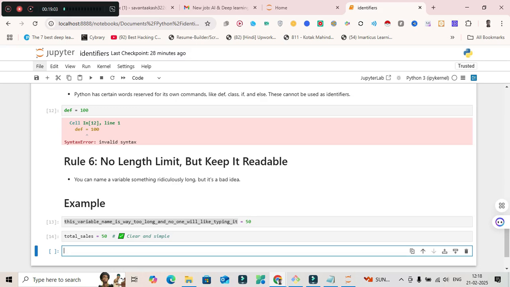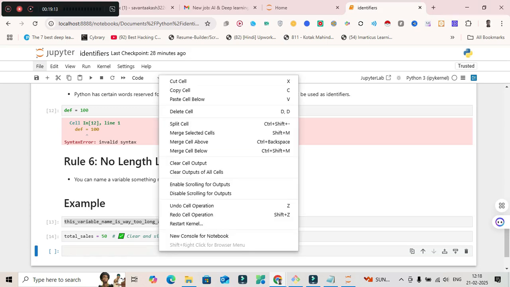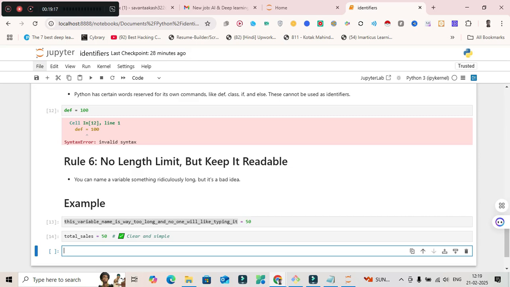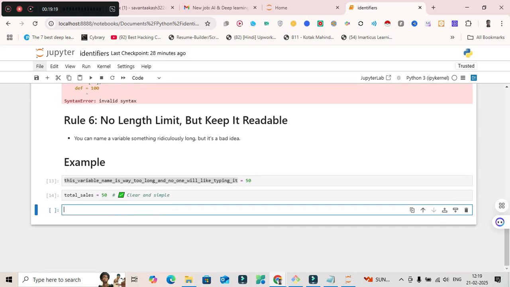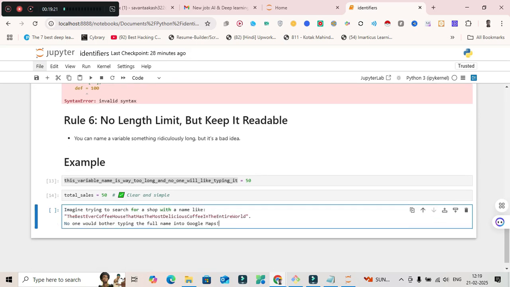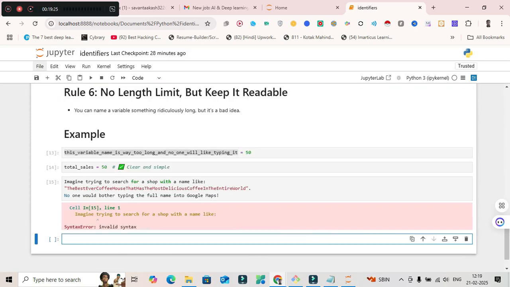I will write down certain discussion we had, so that whenever you refer to it, you will understand that as well. No one would bother typing this.